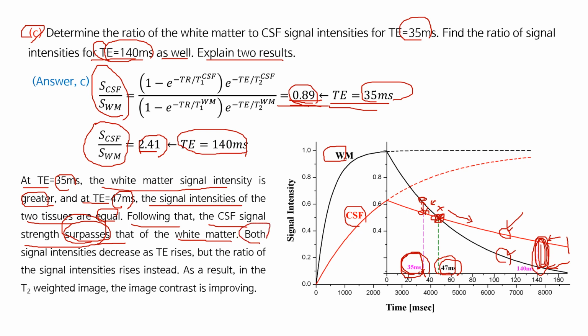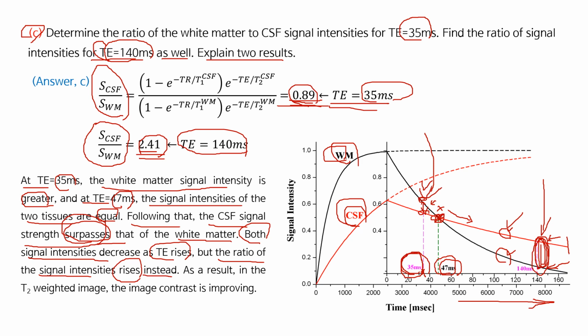So both signal intensities decrease as T increases. The signal intensities of white matter and CSF are both decreasing, but the ratio of the signal intensities rises instead. The ratio here is 0.89, but at 140 milliseconds, we have 2.41.